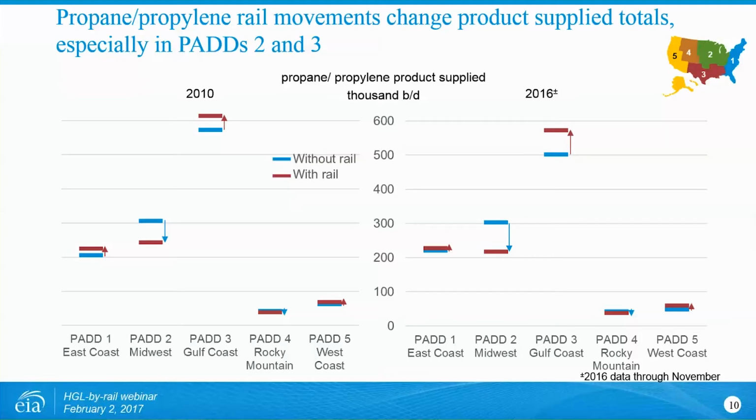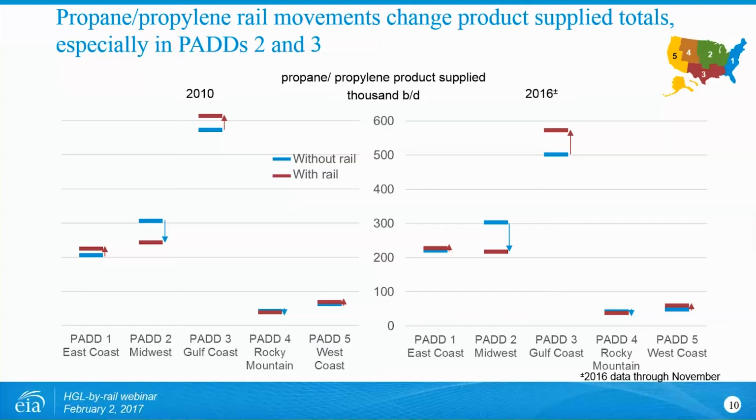If you look at the blue line, which is without rail, what you see is that in some ways it doesn't seem like there's much of a difference in terms of product delivered into PAD 2, or product consumed if you take our product supplied as meaning consumption in PAD 2. You add in rail, however, and suddenly the product supplied now with rail drops in PAD 2. If you look at PAD 3, it significantly increases.